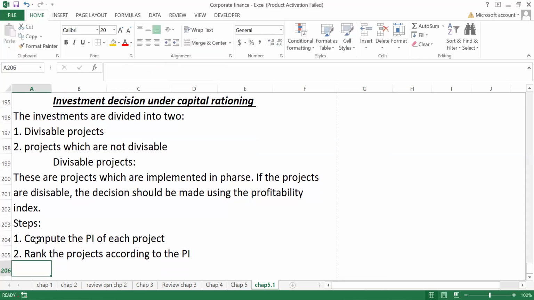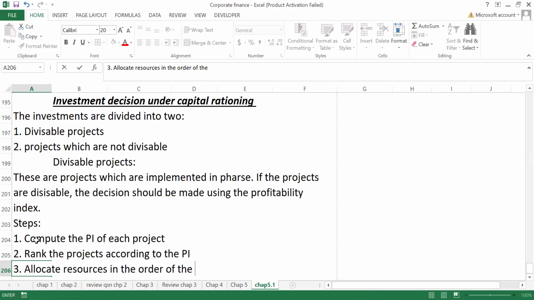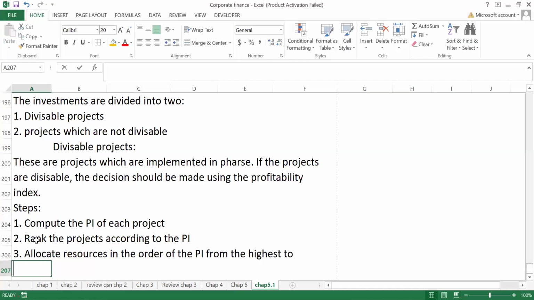Then, step number 3, allocate resources in the order of the PI, from the highest to the lowest.